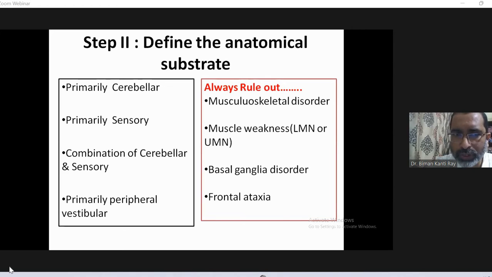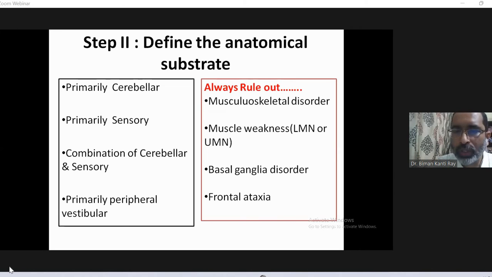So you ask yourself, is it a primarily cerebellar disorder, or a combination of both, or is it a primarily peripheral vestibular disorder? Here I must clarify, whenever we use the term vestibular ataxia, we mean peripheral vestibular ataxia.